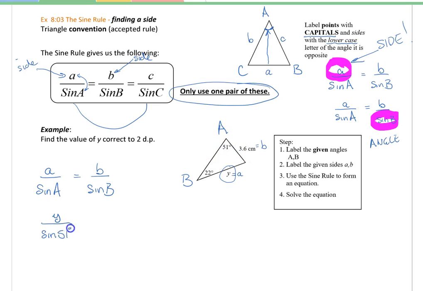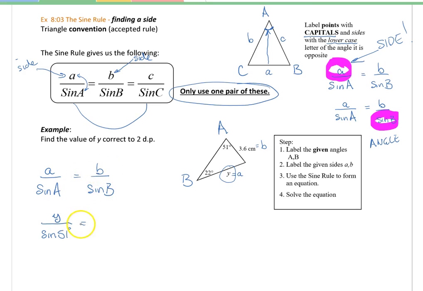What do we know about that? We know that that is a number stored in the calculator. I'm probably not going to write it because it's probably a number with 7 decimal places. I don't want to get them wrong, so I'm just going to call it sine 51, knowing it's a number.